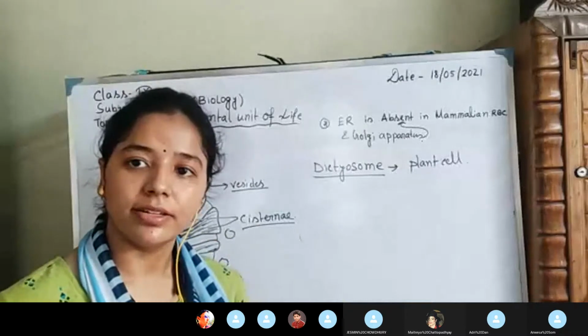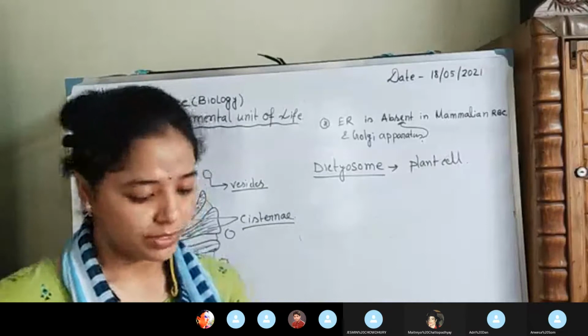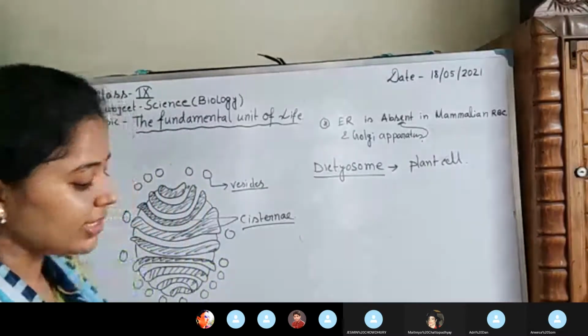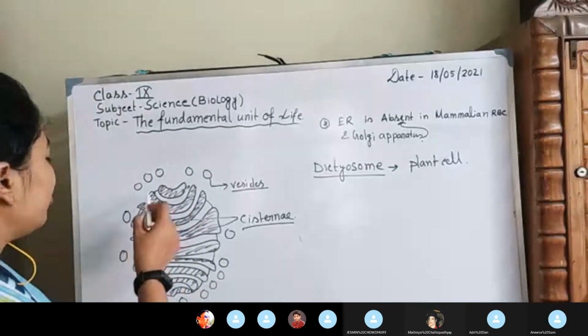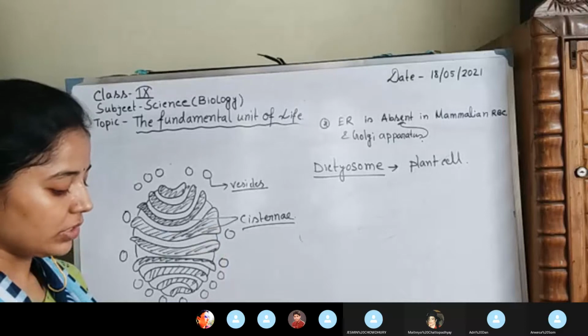Okay, is it clear? Now, cisternae, you understood. This cisternae occurs in small stalks, and tubules and vesicles occur in the periphery of this Golgi apparatus.